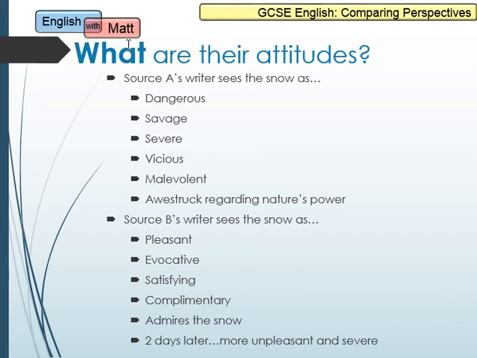So we need to be talking about the writer's perspective. We're not just describing the snow again, remember. We have to talk about what the writer thinks of the snow. And these are all words which describe really how the writers think of the snow and the weather conditions. So that also needs to be tied in as well to our response.